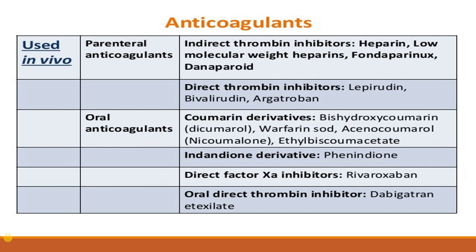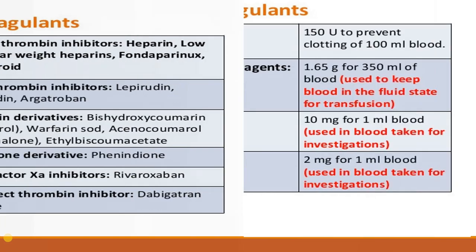That's called rivaroxaban. It is helpful in a clotting state. Next, oral direct thrombin inhibitors: ximelagatran and dabigatran. Both are oral direct thrombin inhibitors.